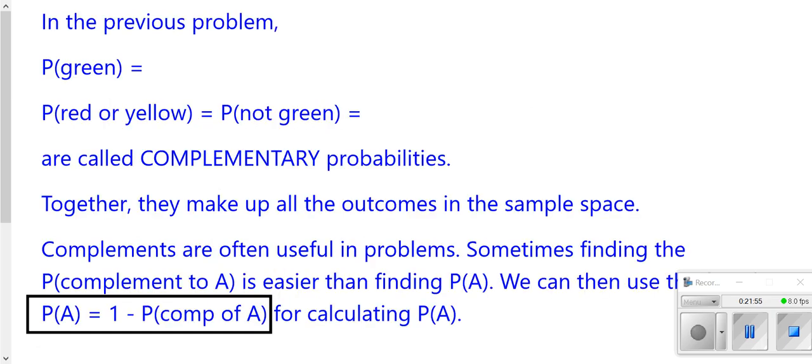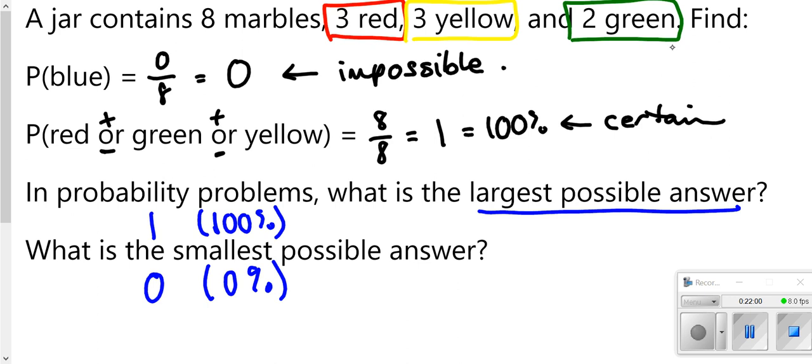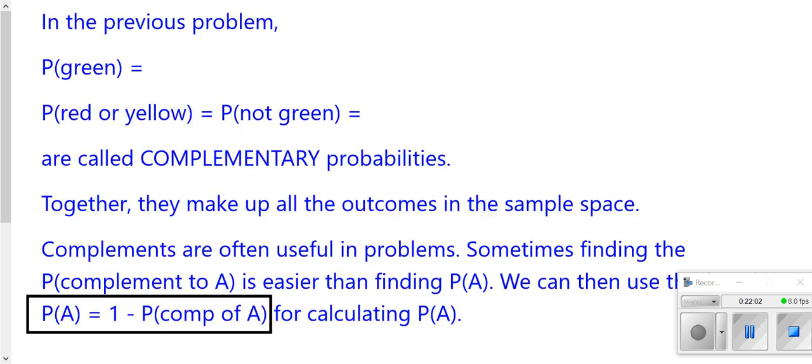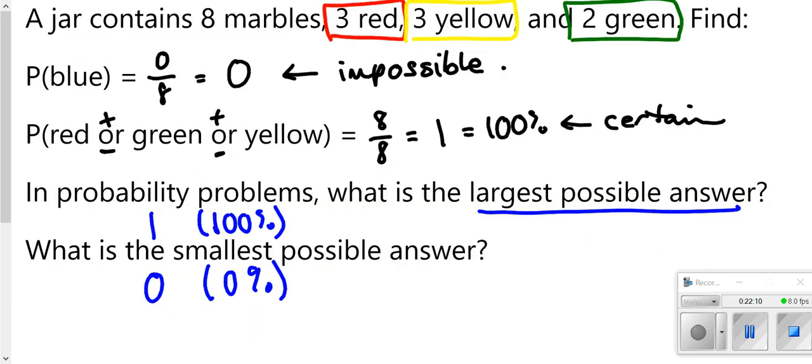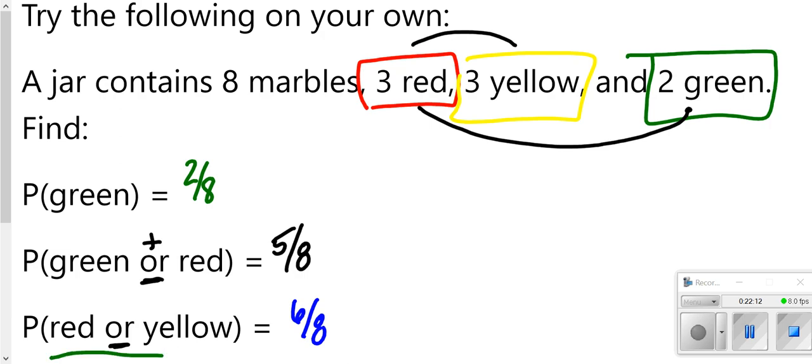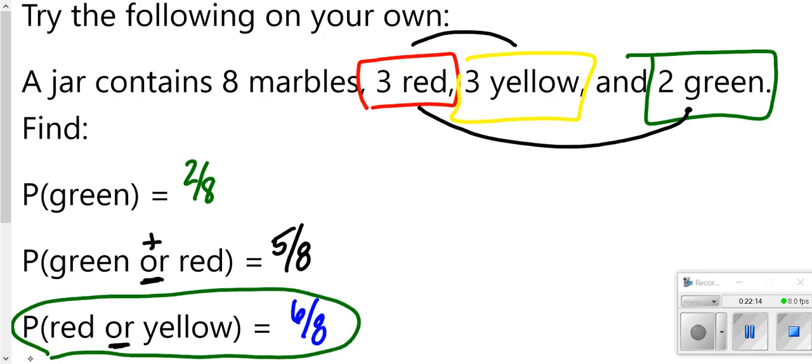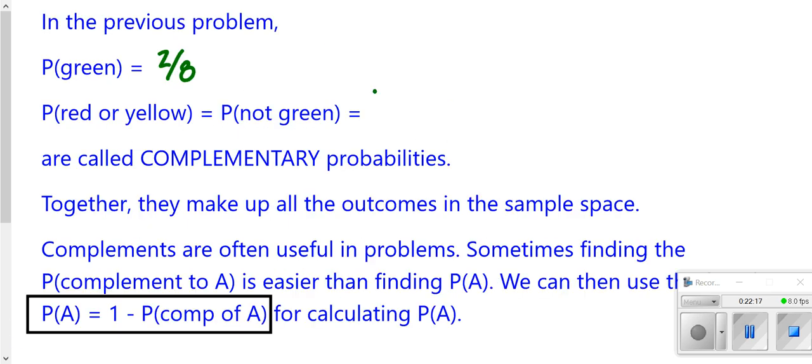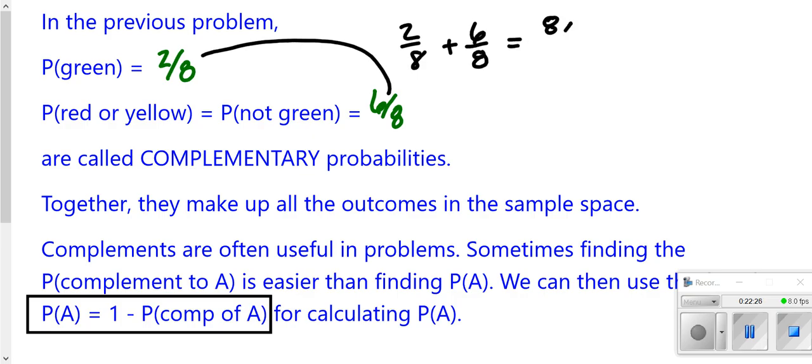All right, so in the last question, if you look back for one quick sec with me, there were 2 greens. So the probability of drawing a green marble was 2 out of 8. And the probability of getting red or yellow was 6 out of 8. If you look at those 2 together, they cover all of the possibilities, 100%.